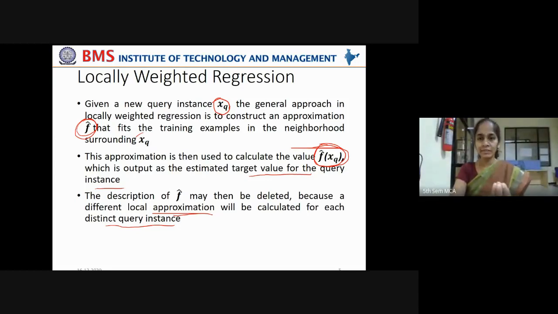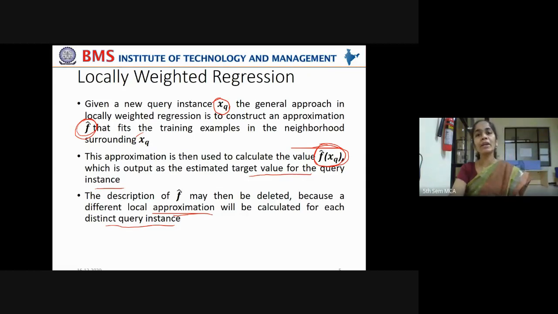This new data point's outcome is locally weighted and predicted, and once that is assigned to a particular predicted value, automatically that approximation will be deleted from the memory.